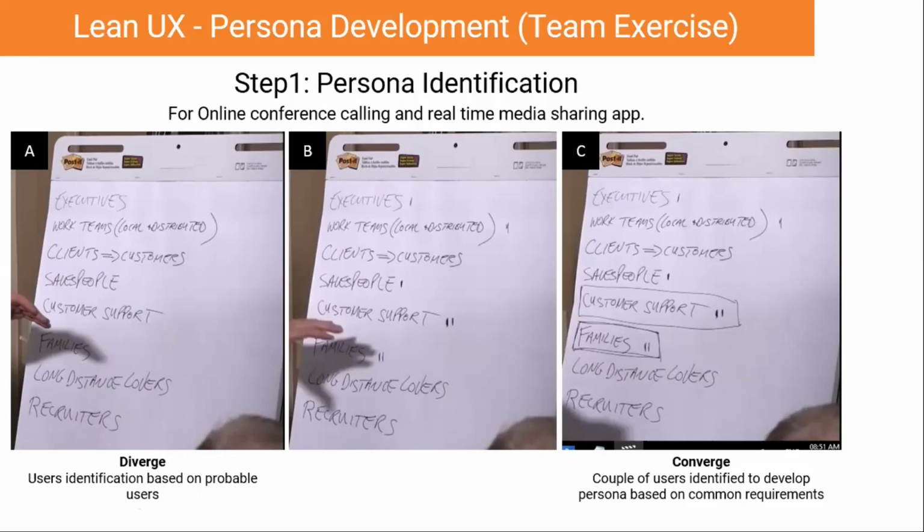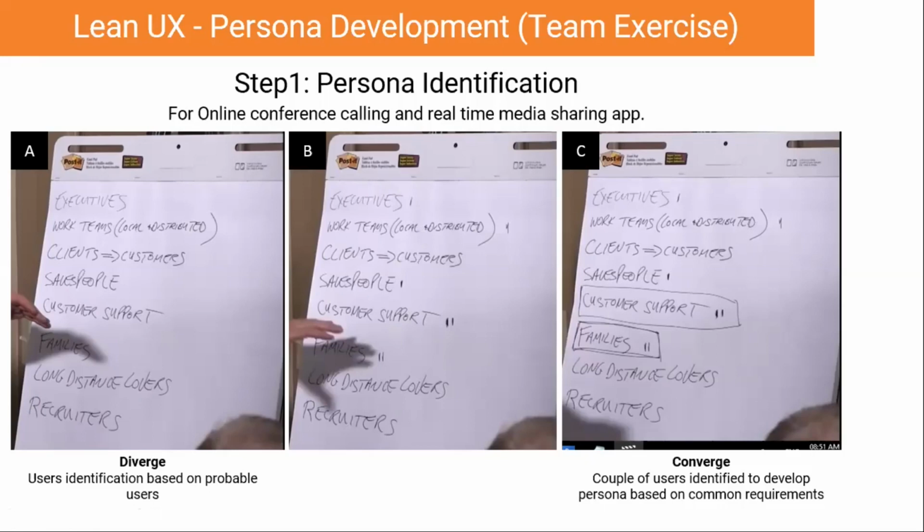Now, after developing this first list, coming to the next step, we ask the individuals in the team to vote for two personas. While they are voting, we put a line next to each one to show which personas they voted for.